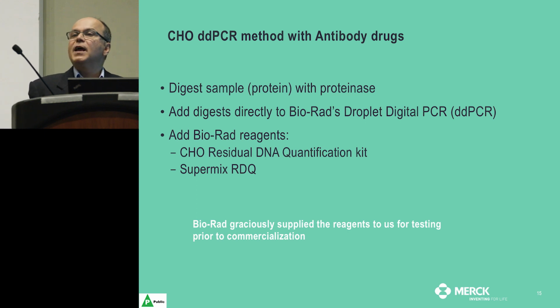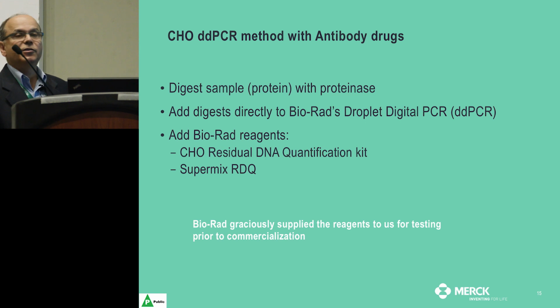So at that point, Bio-Rad stepped in and said, we have this primer probe for CHO host residual DNA, you try it. They supplied it to us before they marketed it, and we used it in the same method, by kappa digestion and then making droplets and running the PCR.